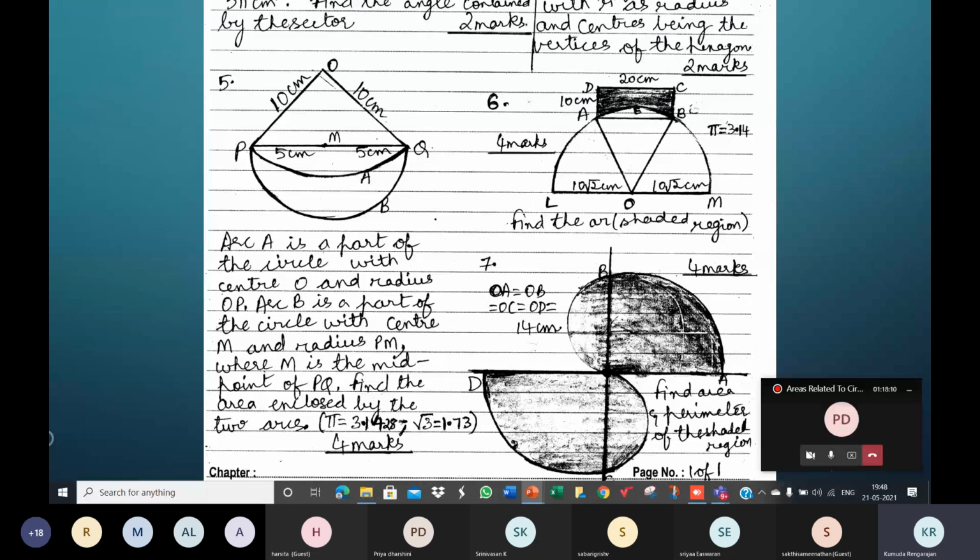So these are the milestones which you have to achieve. You need to find the area of the sector. You need to find the area of the triangle. Yeah, it's time.